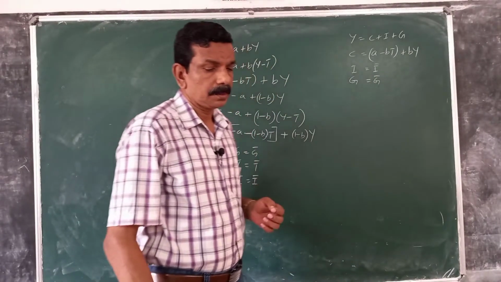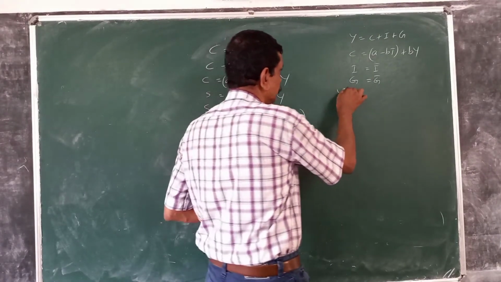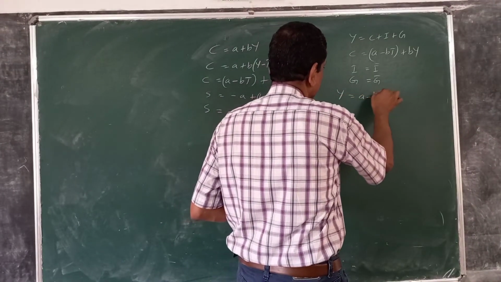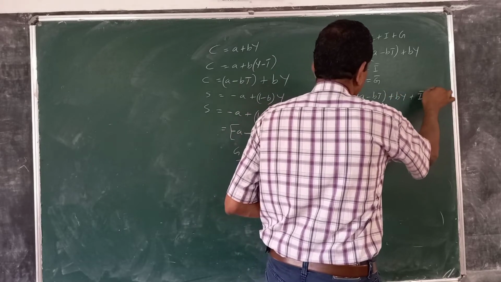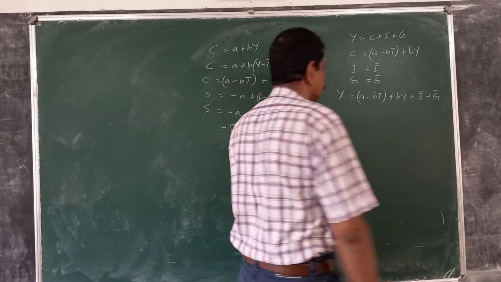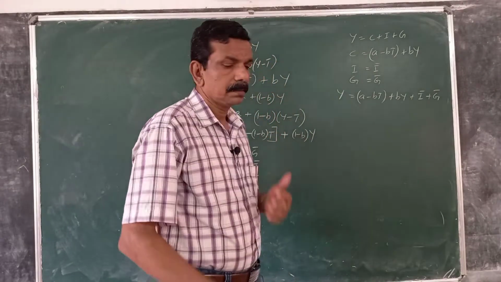Now substituting these values, Y is equal to A minus BT plus BY plus I bar plus G bar.